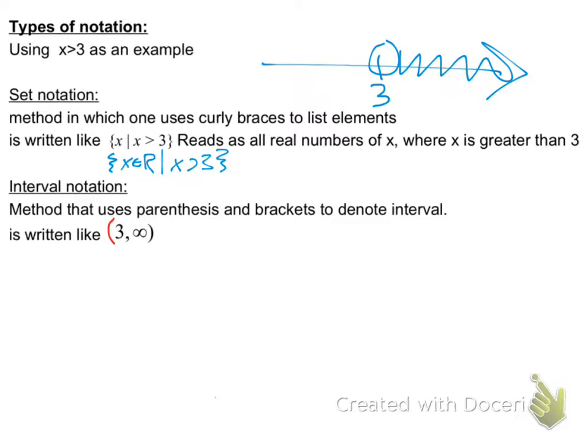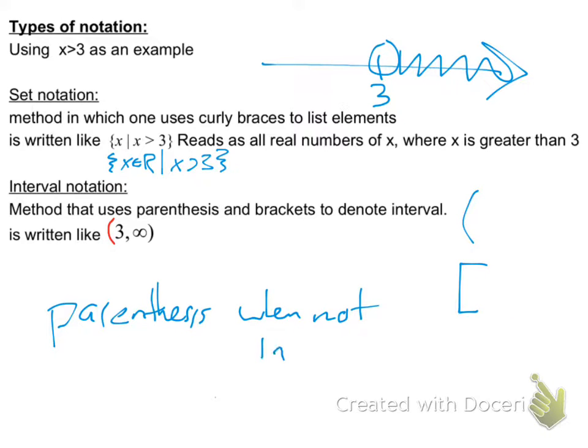Interval notation uses parentheses and brackets. Parentheses are parentheses, brackets are brackets. Now, when do you use each one? You will use parentheses when not included.